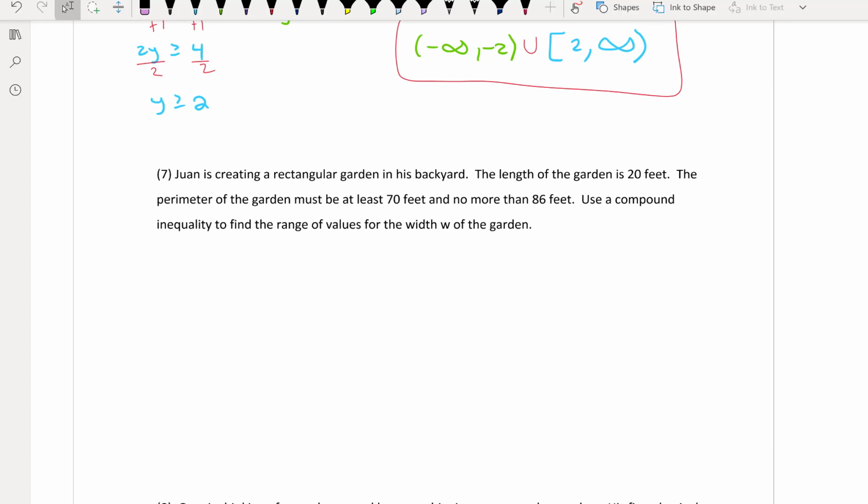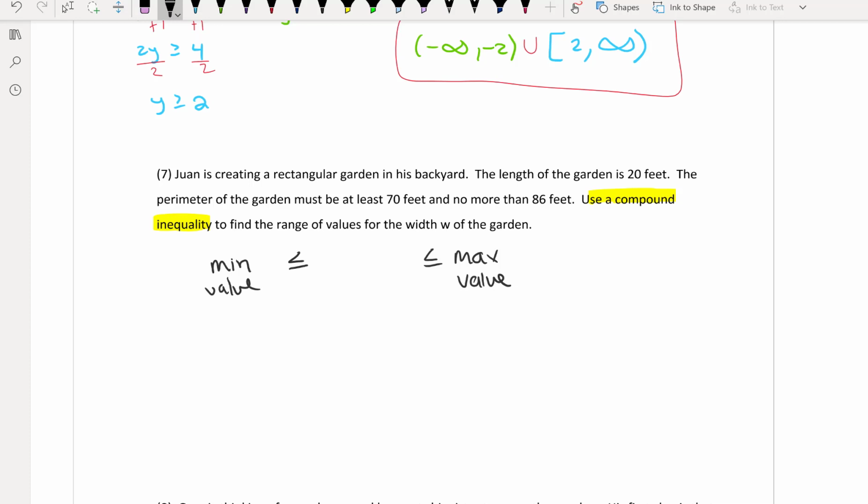So what we want to do is we definitely want to build this compound inequality. So remember, whenever you have this compound inequality, you have your minimum amount less than or equal to something, and then you have your maximum value, right? So you have your minimum value and you have your maximum value on each side.